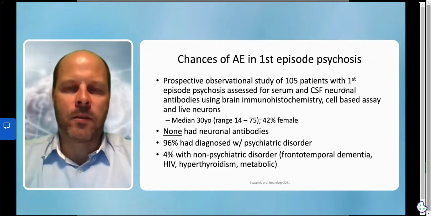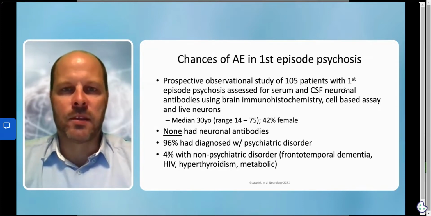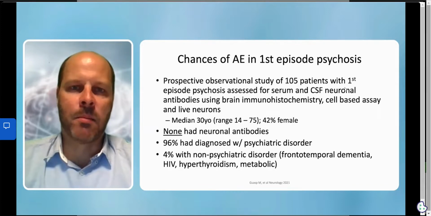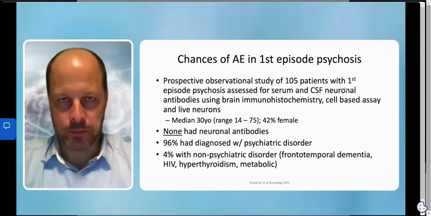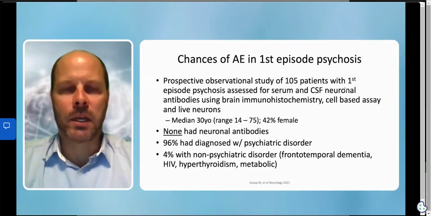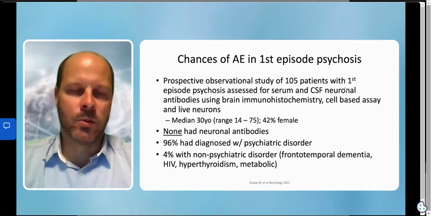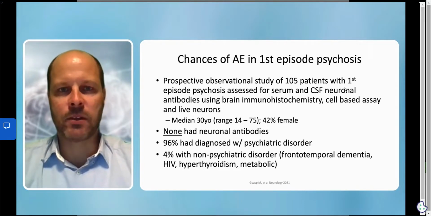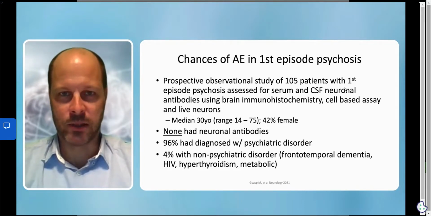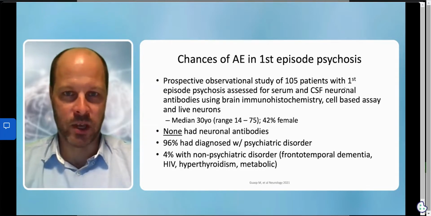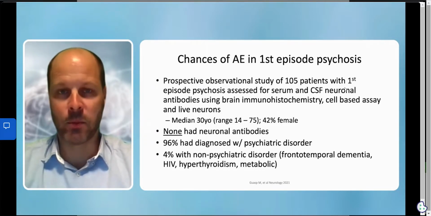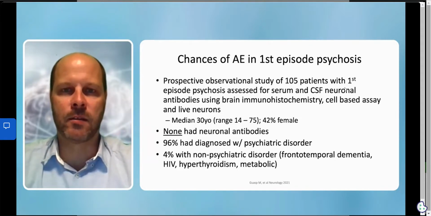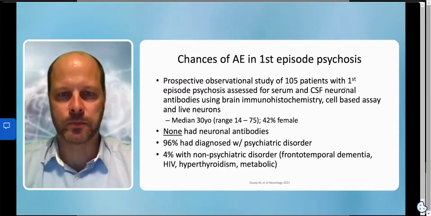So going back and thinking about our patient who's presenting with what seem to be predominantly psychiatric symptoms, how can we pick out which patient has autoimmune encephalitis versus a primary psychiatric disorder? This study on this slide specifically addressed when patients are presenting with a first episode of psychosis, which our patient does not have. But I think nonetheless, this study is useful in thinking about this diagnostic challenge.